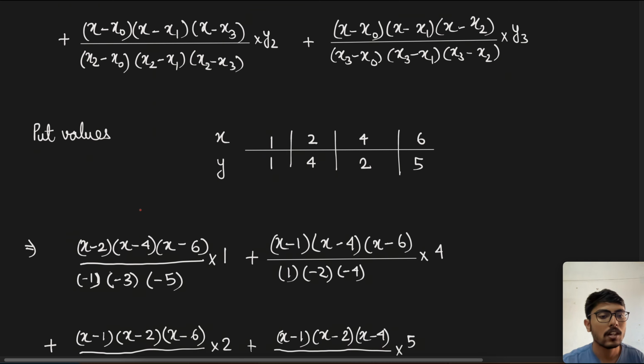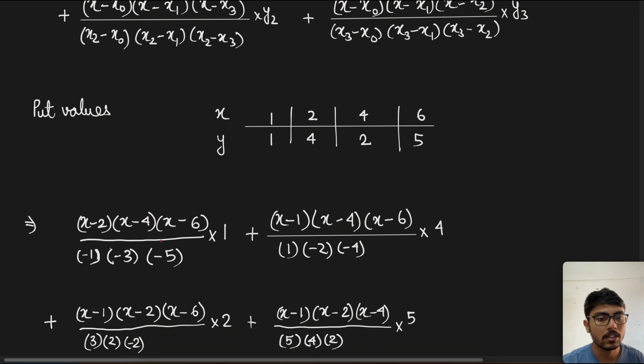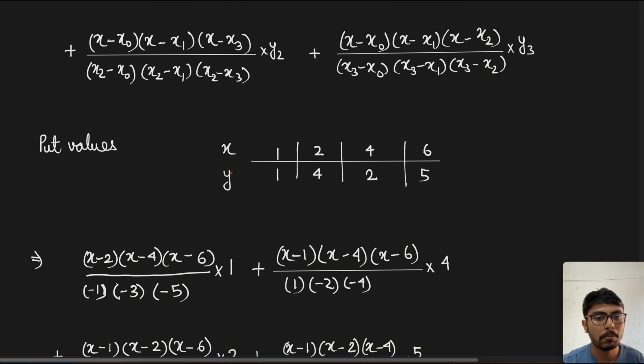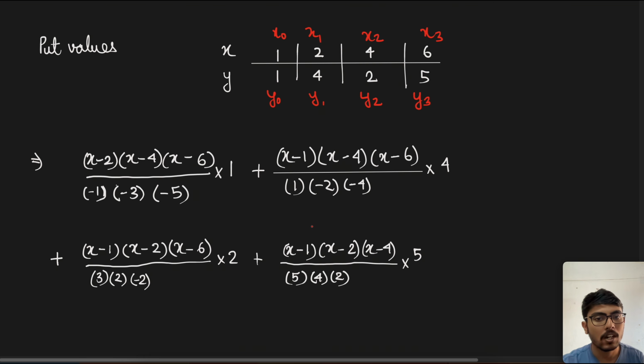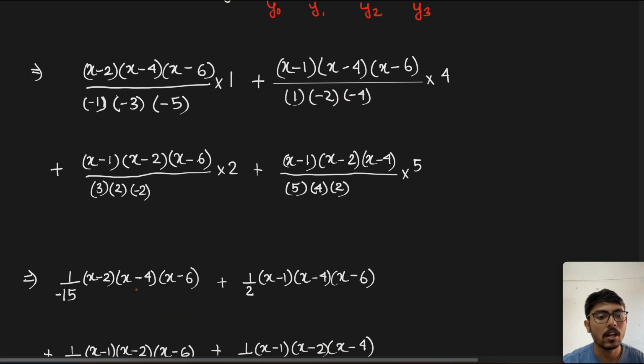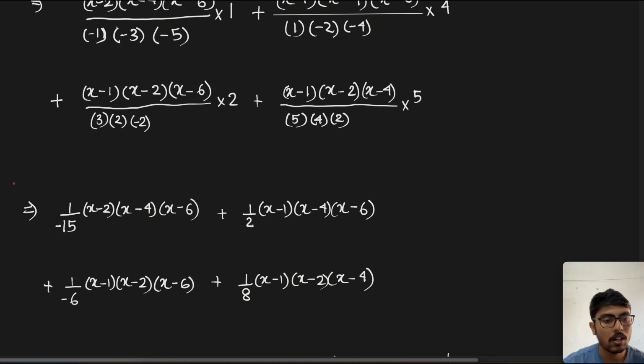Then we will have this particular equation. We simply put in the values from here. We'll find these out, and once we solve this equation, we'll end up with the actual function that we want to approximate and use in interpolation.